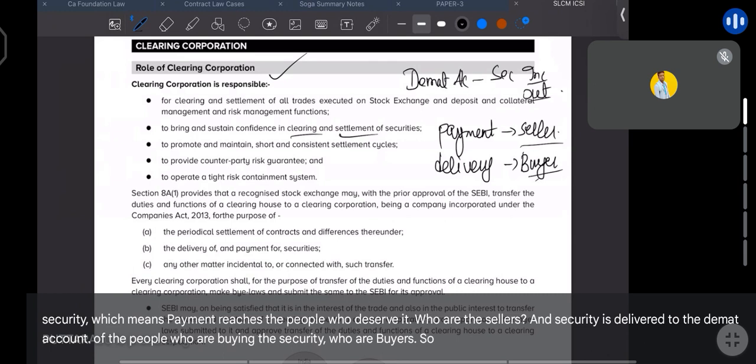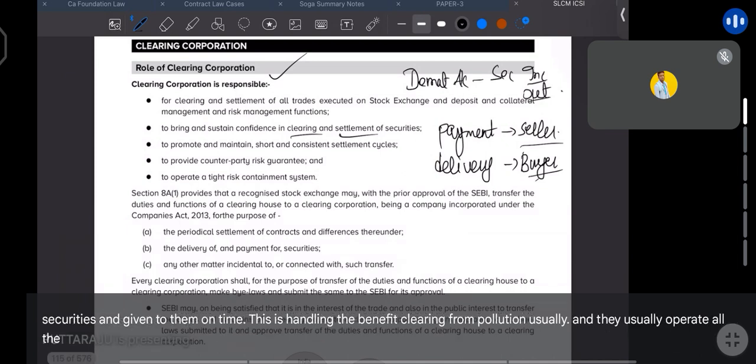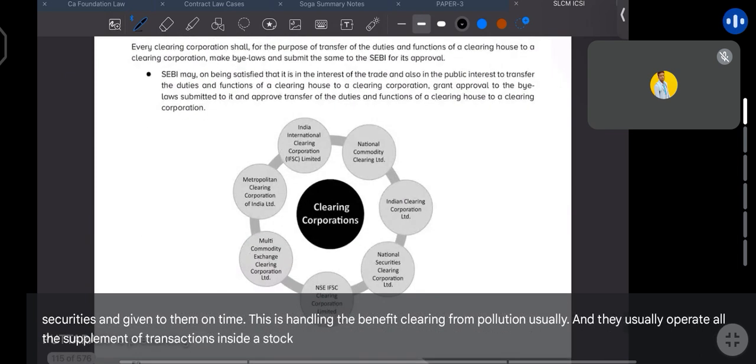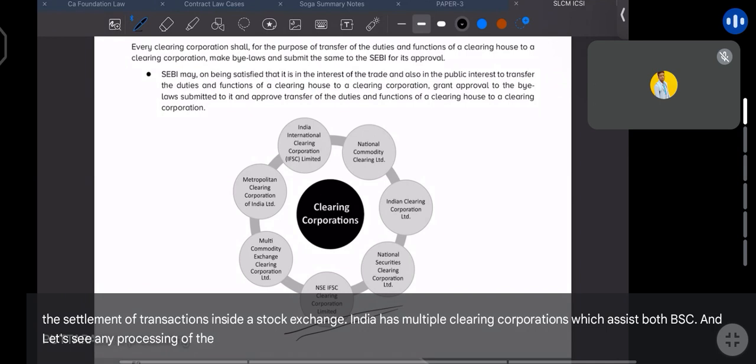So sellers and buyers are ensured to have their respective securities given to them on time. This is handled by a clearing corporation usually, and they operate all the settlement of transactions inside a stock exchange. India has multiple clearing corporations which assist both BSE and NSE in processing the crores of transactions that usually occur on a daily basis.